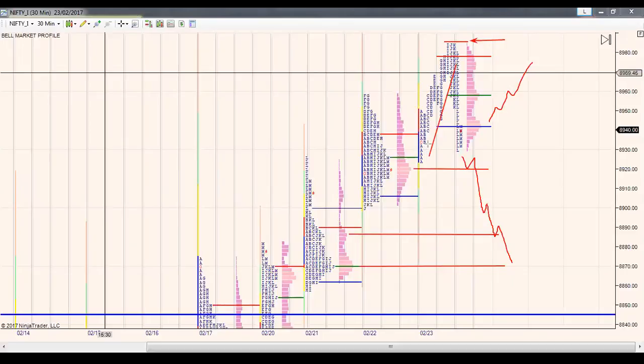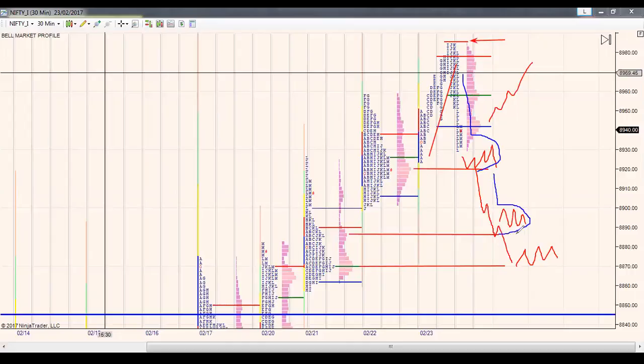still there are some weak sellers in the market, and smart money definitely doesn't want these weak sellers on the short side of the market to take the market down, because whenever the market comes to an important reference like this one or this one, these weak shorters will immediately start covering their positions either here or here or here, and invariably what it will give rise to is a B shape.